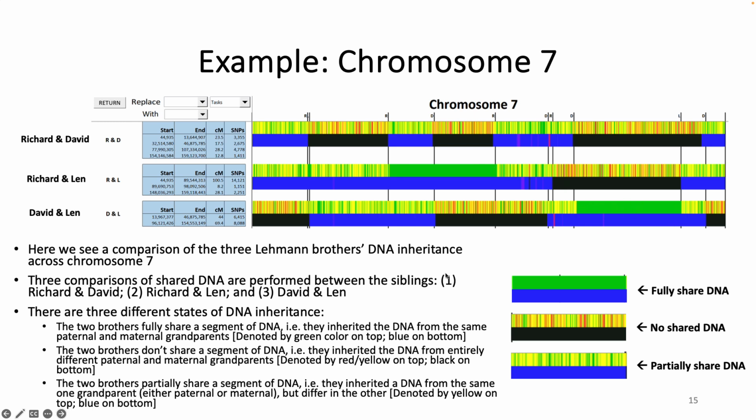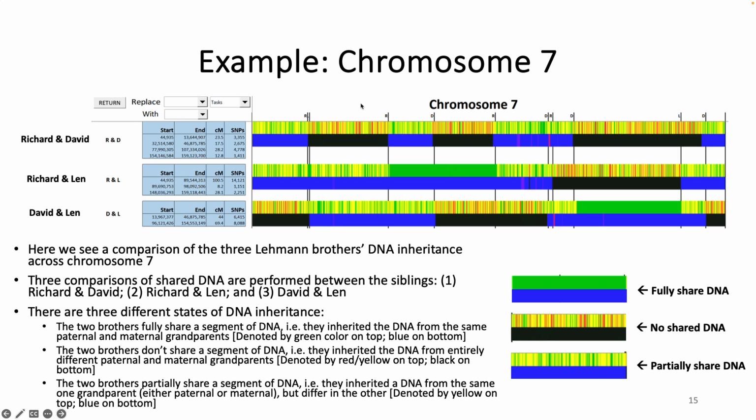Now the opposite is there are going to be segments of DNA where the 2 siblings don't share any DNA. And how is that possible? Well, it means that the brothers inherited DNA from totally different paternal and maternal grandparents. So, for instance, maybe Richard and David over here, they do not share any DNA. It's black with lots of red lines on top here. That's a segment where they shared no DNA.